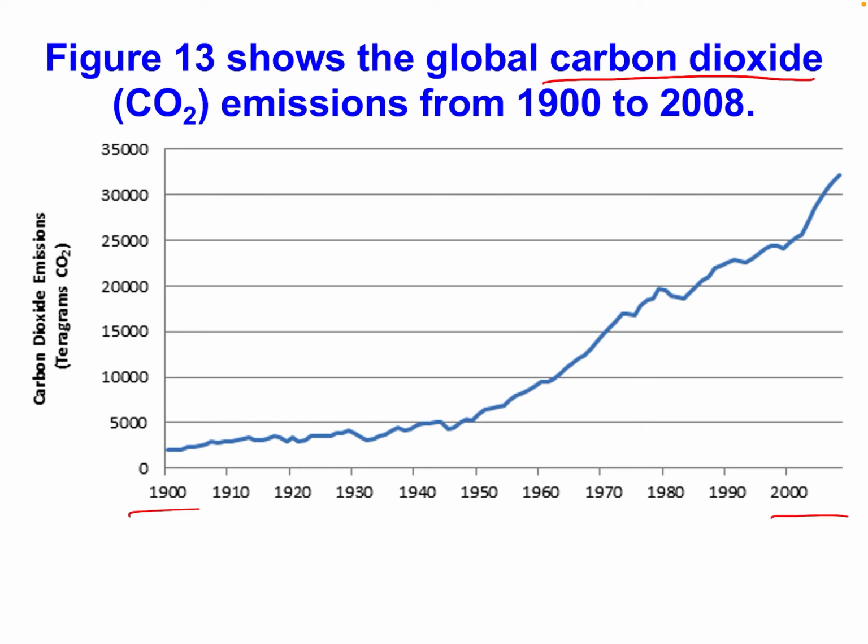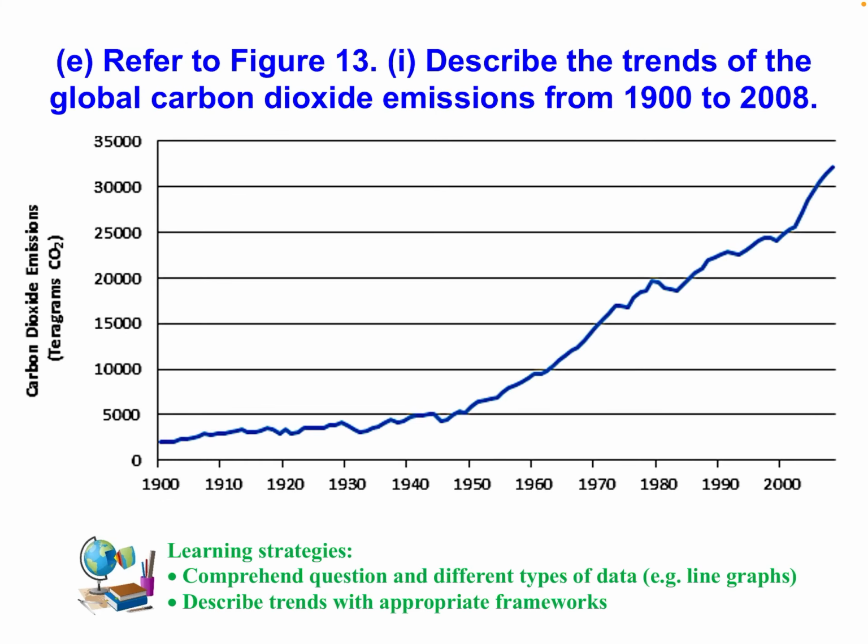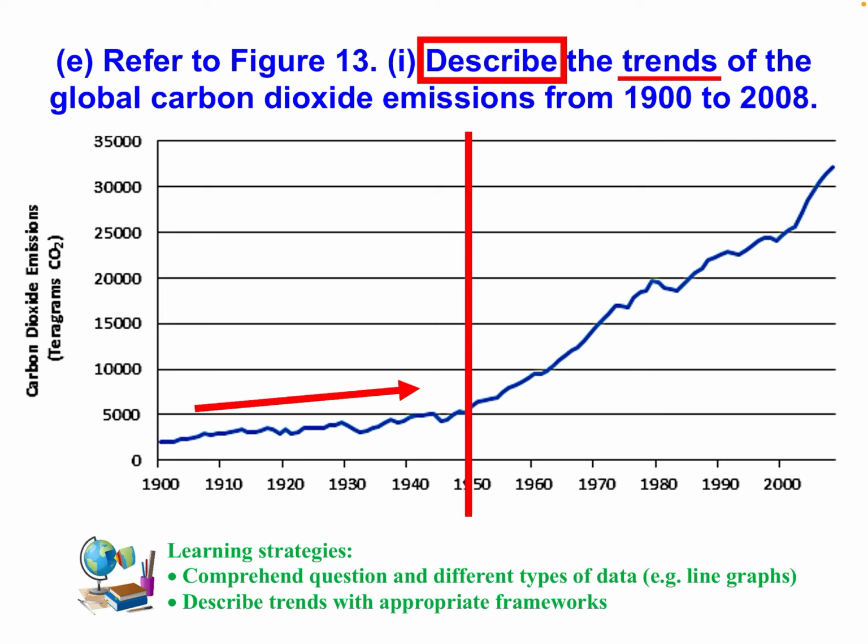How is the trend of the carbon dioxide? So your task, as we have learned before, is to describe the trends, like in the previous notes. Describe the trends of global carbon dioxide emission. So please use the ruler to cut.